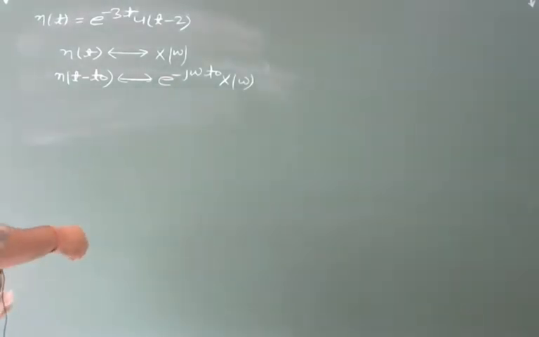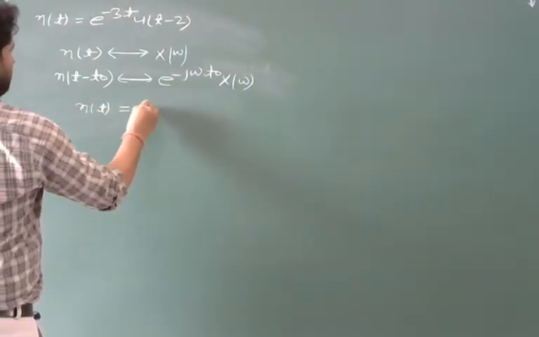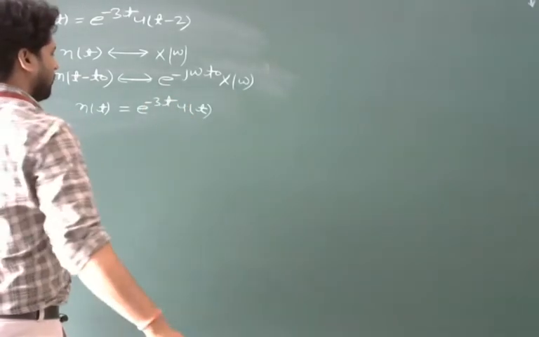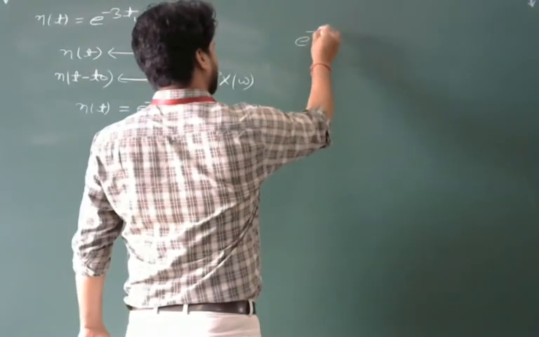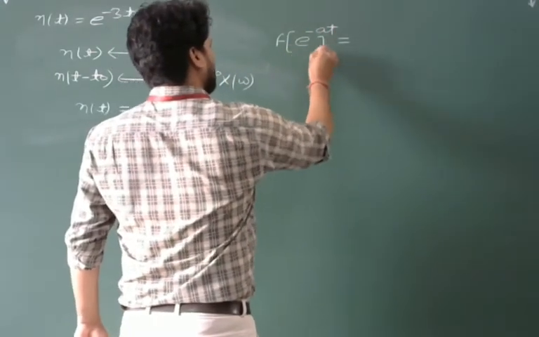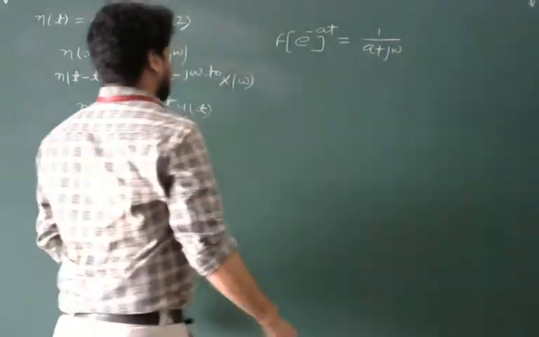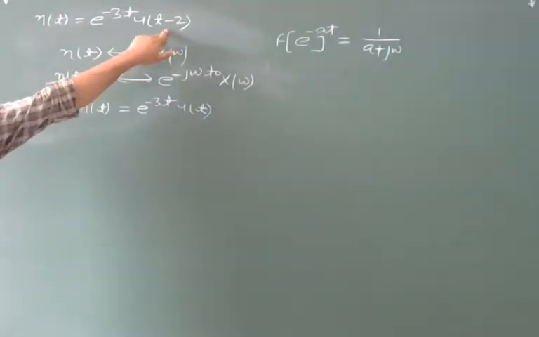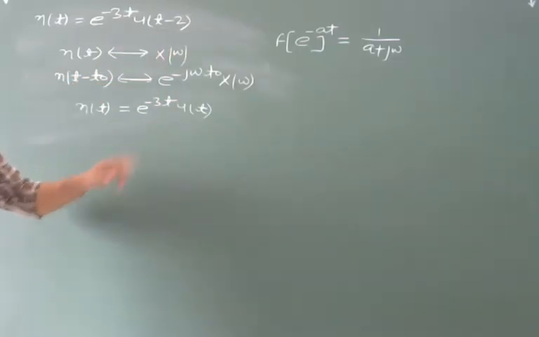Now consider the signal x(t) = e^(-3t) u(t). For this signal, we know that the Fourier transform of e^(-at) u(t) is 1 upon a plus j omega. But the signal given here is u(t-2), meaning we have to shift this signal x(t) by 2 units to the right.